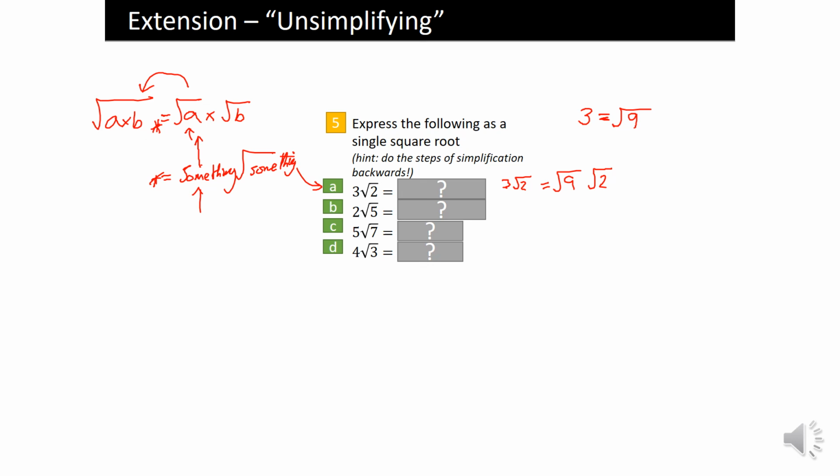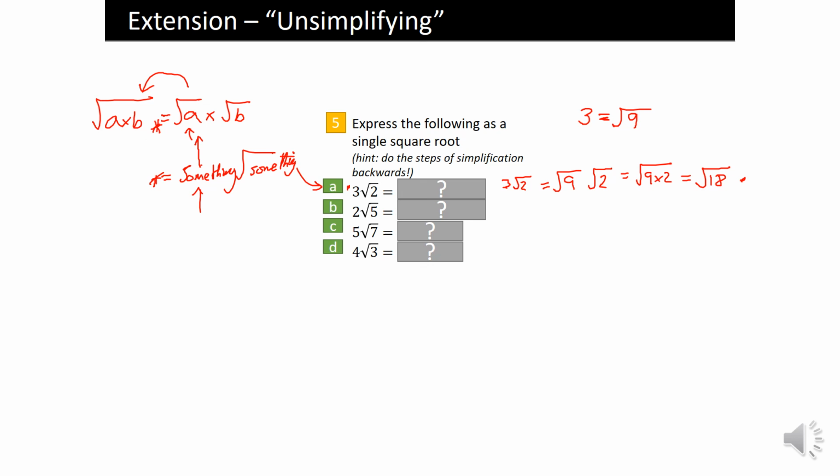So using our sort of surd rule number 1, that takes us to root 9 times 2. And then from there, we can go root 18. And we can see we've gone from a simplified surd here to a single square root there. So this is just doing the same steps as simplification, but backwards.